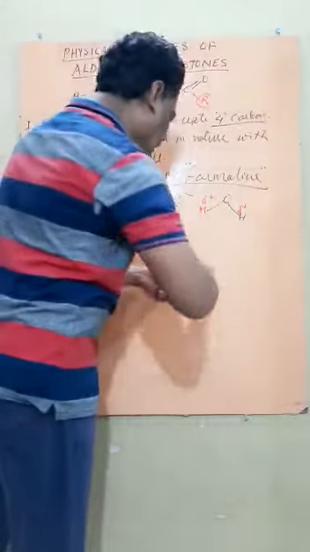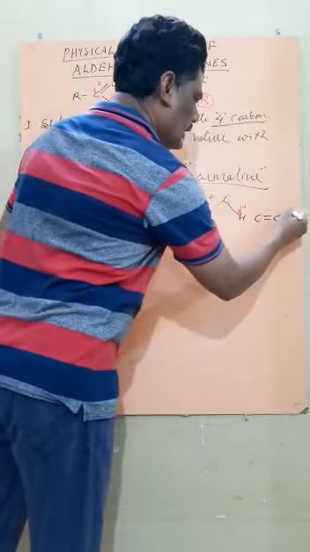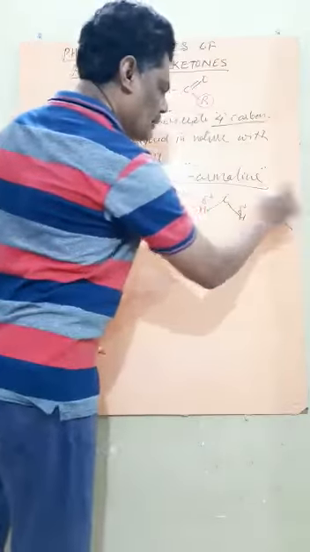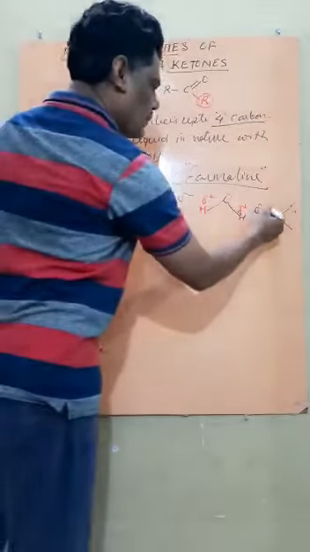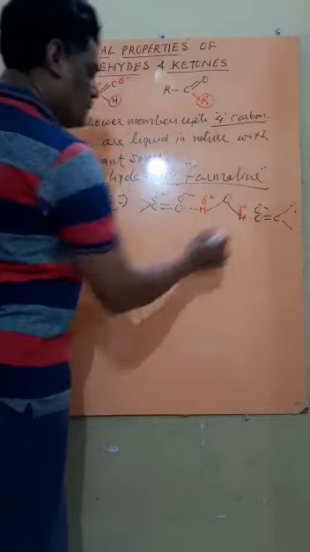So if we deal with the next compound, or any of the carbonyl compounds, again there is a fractional negative charge. Thus the formation of hydrogen bonding takes place.